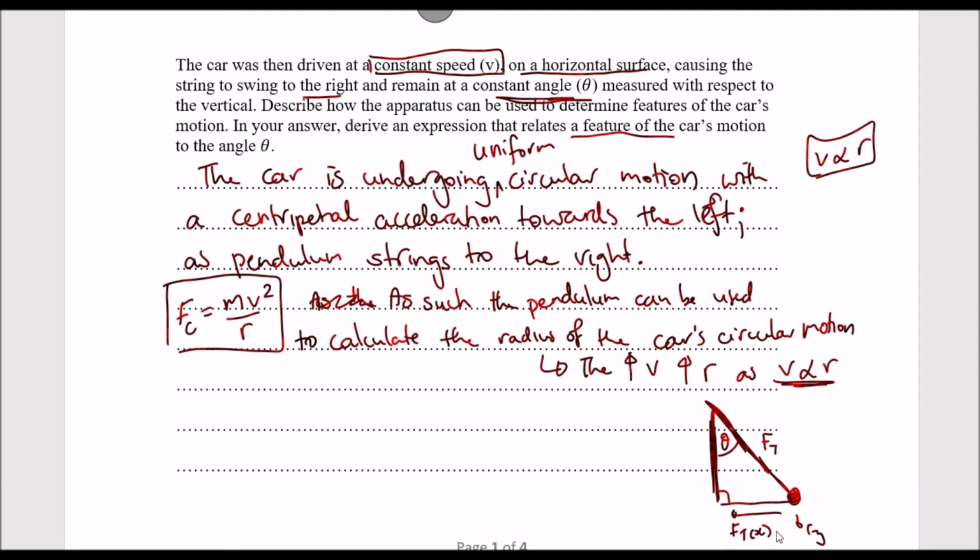So this horizontal component, like so. So let's have a look at what we can say. The horizontal tension force will be the reason for our centripetal force, which is also mv squared over r.